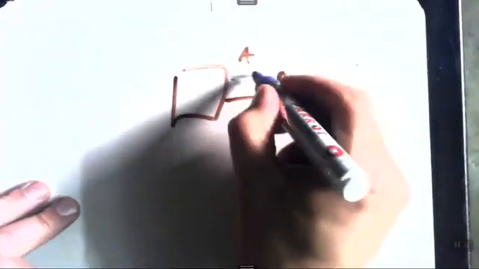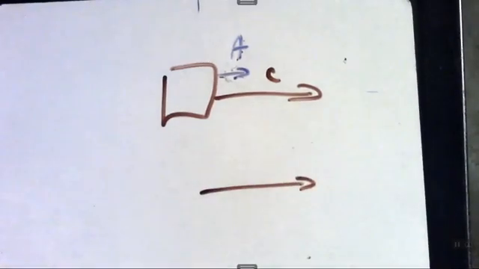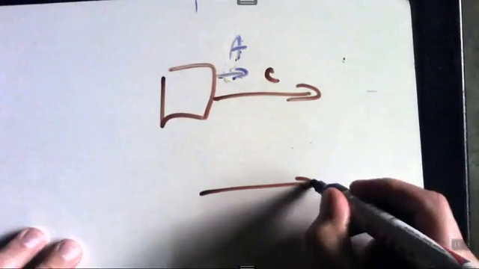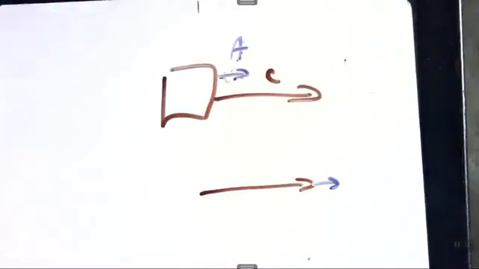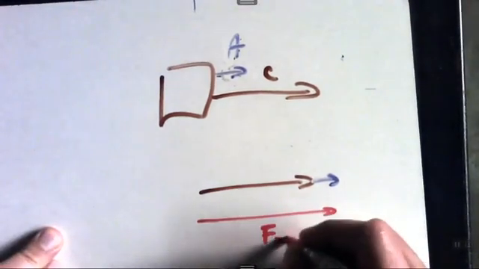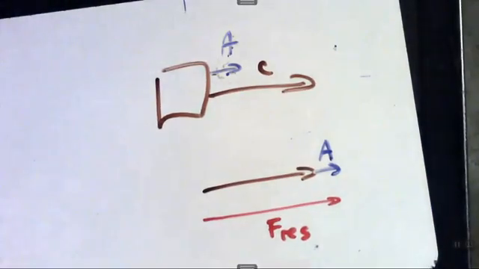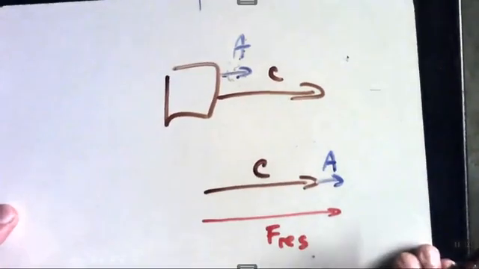If I put Anshu and Charles there, the resultant force is one force with the same magnitude as both the two forces together, and that would in this case be a force like that, and we call this the resultant force. It is the same force as Anshu and Charles's combined forces.